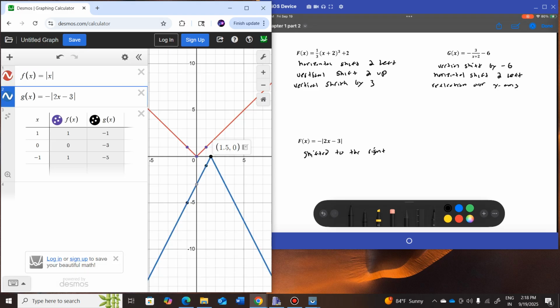This point only goes to 1.5, so it's shifted 1.5 units to the right, and that's because it's also compressed horizontally by a factor of 2. So shifted 3 units to the right, but compressed by a factor of 2, the point moves 1.5 over. And then it's reflected over x-axis.